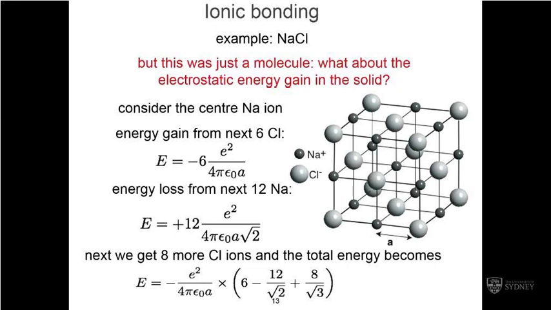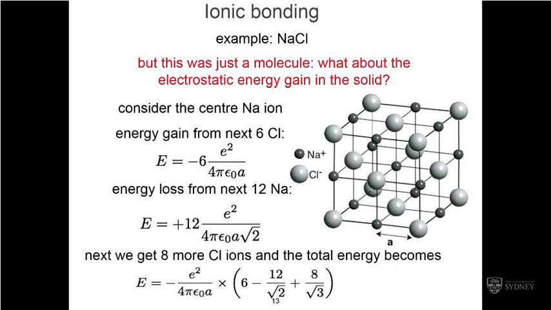There's 12 of them, and that will be a repulsive contribution to the energy, because they're two like charges. And the distance will be a bit greater, so the energy per atom will be smaller. So you get the idea. You can go out and out, adding up the contributions.